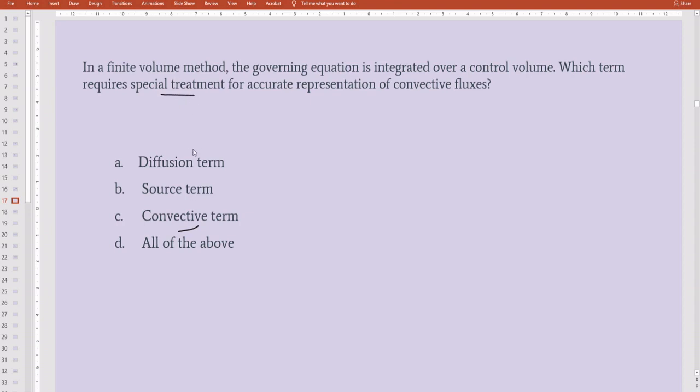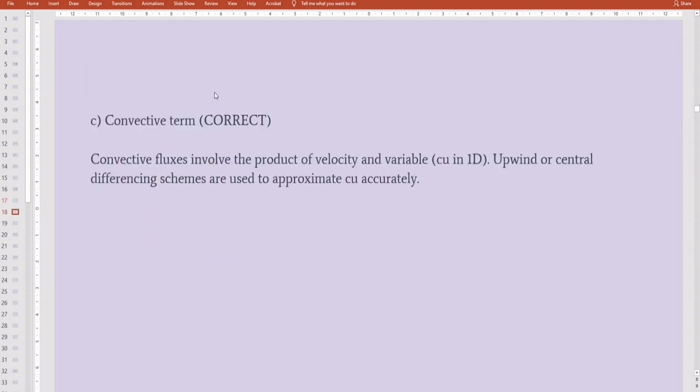Any of the terms can be affected by convective fluxes, but where we have a product, that is, our velocity getting multiplied with variables, we need to take care that it is represented properly while discretizing such terms. Where gradients are involved, it may not be that complex, and we can use some models there.